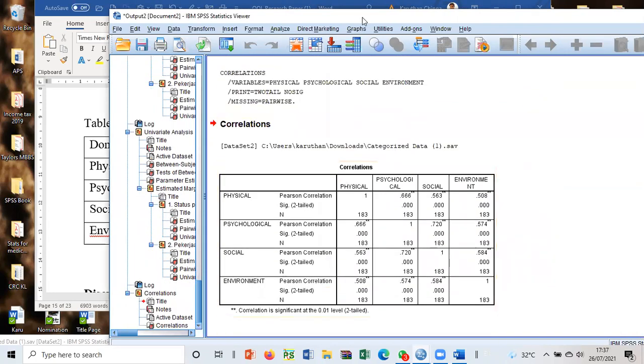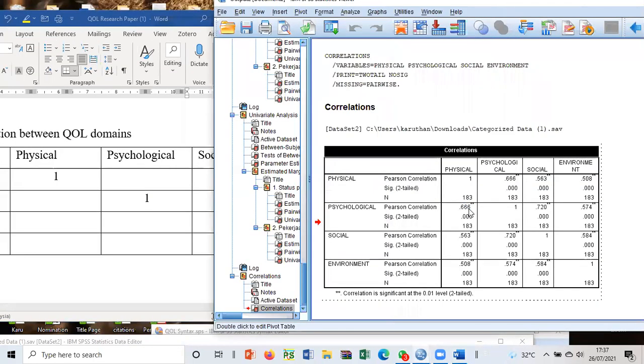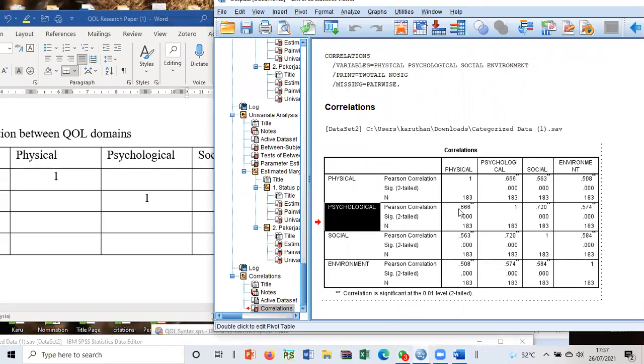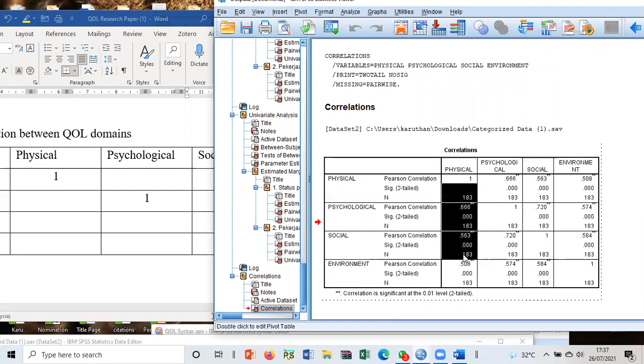Right. So with this table, this is a mirror image, 0.66. This value is what? Psychological and physical. This value is between physical and psychological. So a mirror image. So I can take out one side, just report this side only, below the ones.